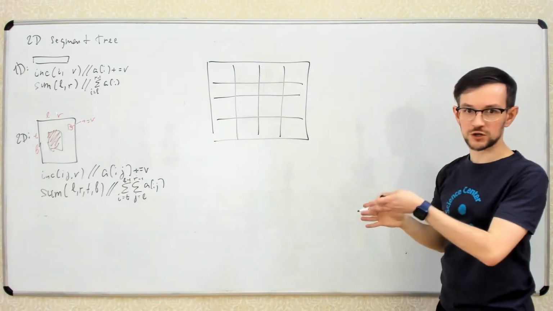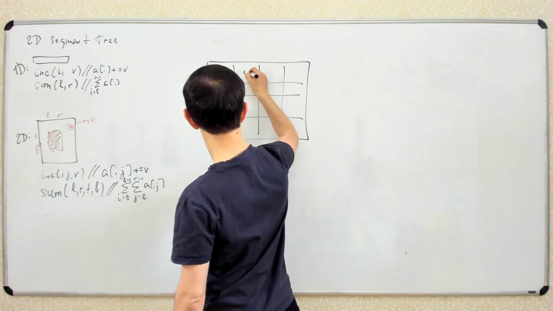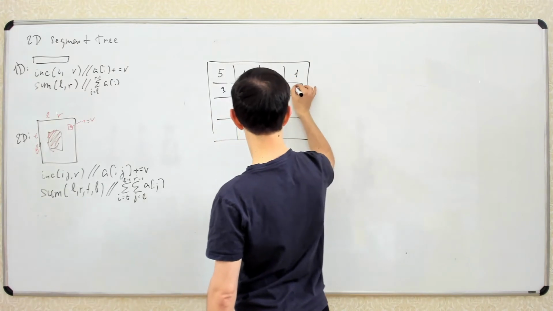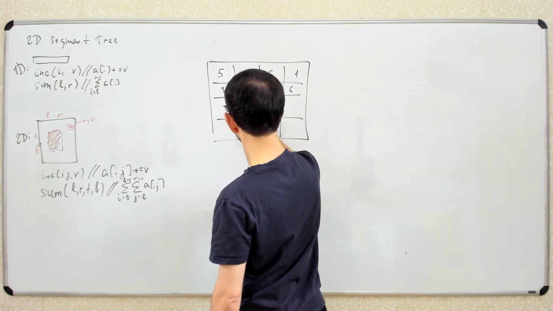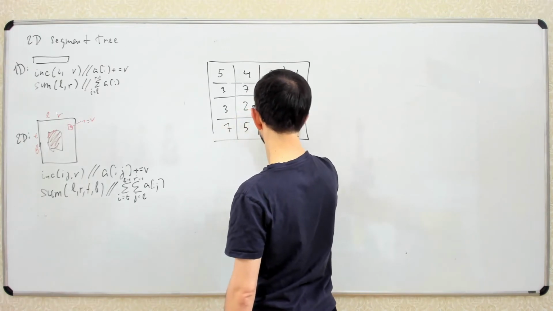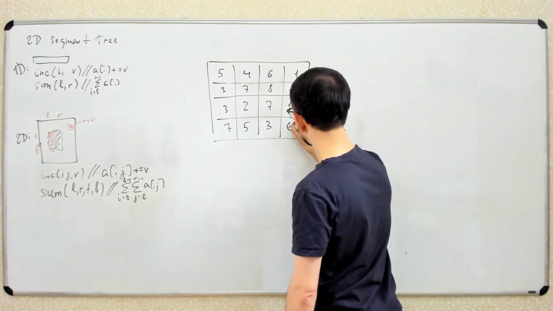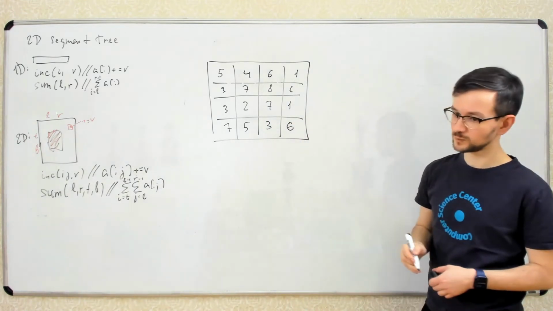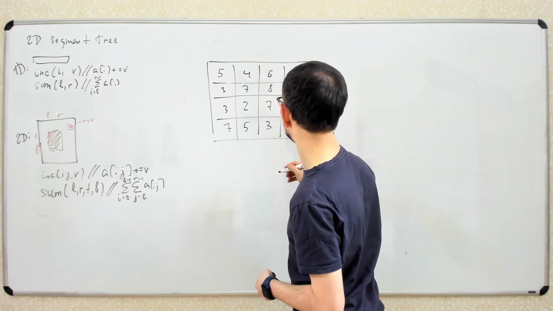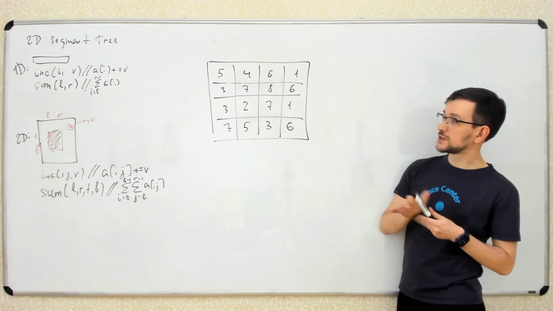So this is your 2-dimensional array. There are some numbers here like 5, 4, 6, 1, 3, 7, 8, 6, 3, 2, 7, 1, 7, 5, 3, 6. Is it random enough? Yeah, good enough. So this is your 2-dimensional array.